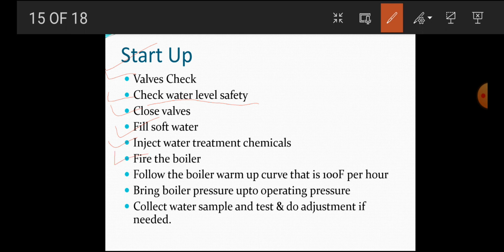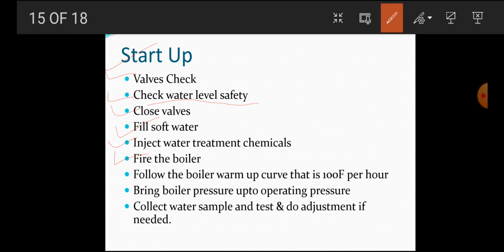So we need to ignite the coal and fire the boiler, carefully bringing up the pressure to 10 to 15 psi with the vent valve open. So the vent valve needs to be open and we need to fire the boiler.